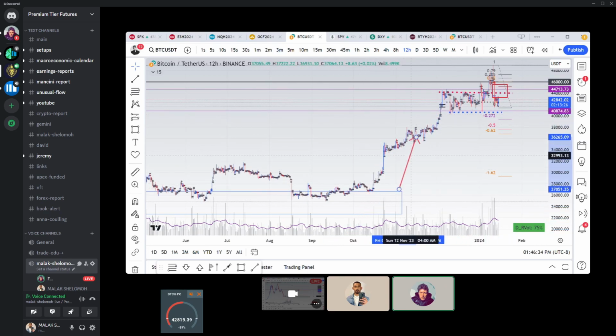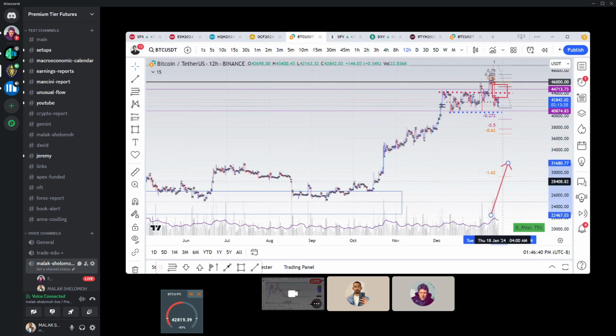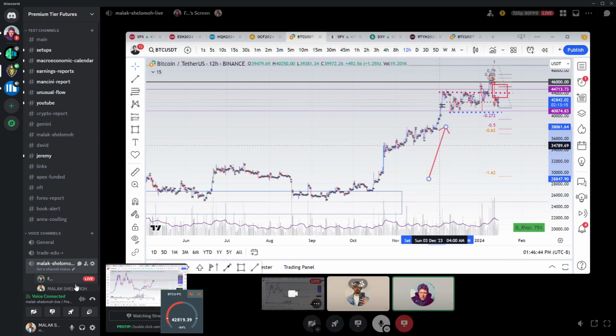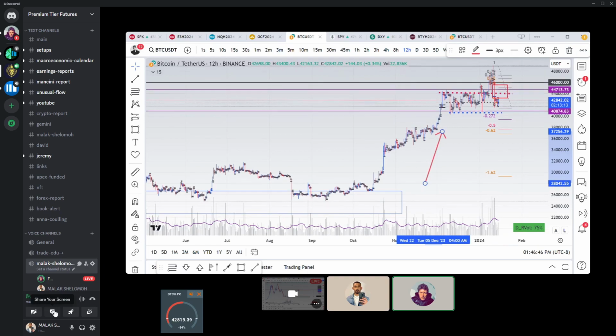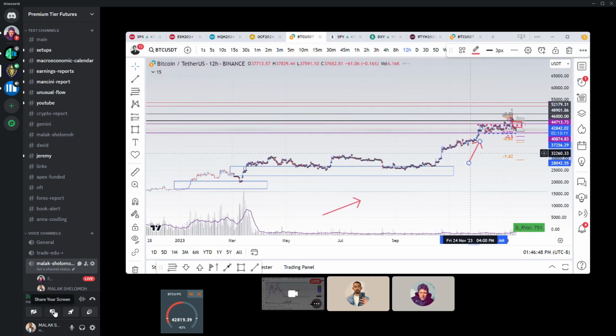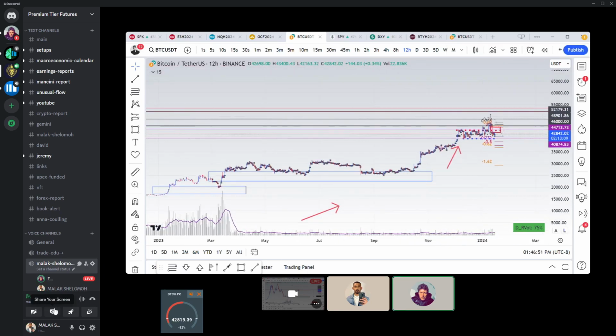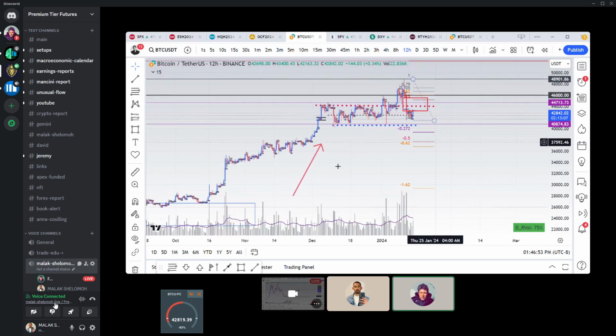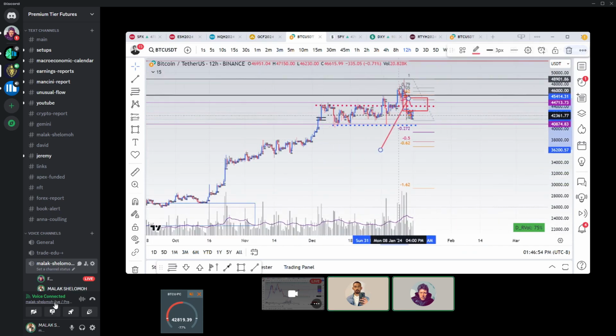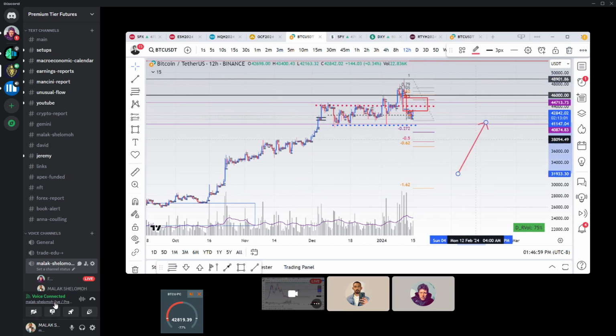So if this is a three-wave corrective situation, then we've got more downside. But if this is indeed the start of a new bull rally, then we're going to have to definitively break out of this range where the red dot is, and that'll start another leg higher.